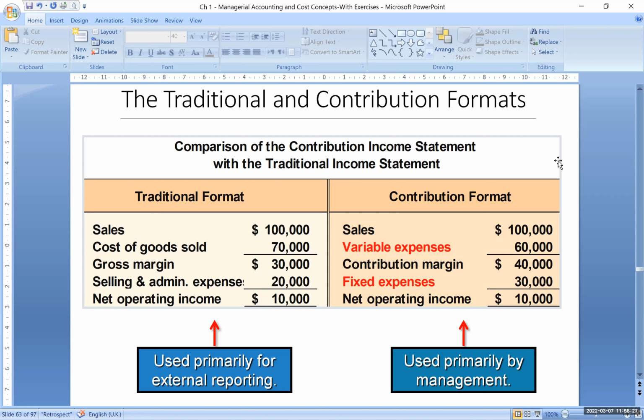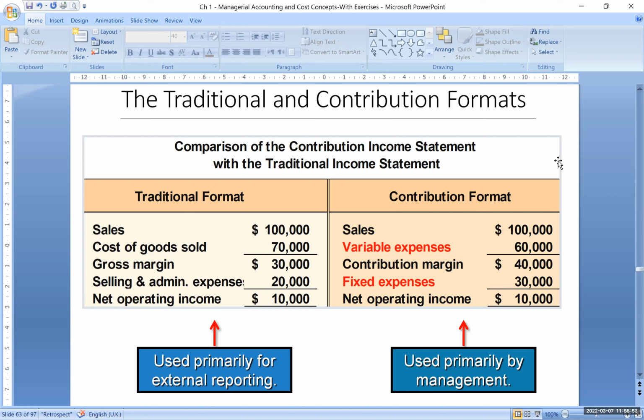Now, the 100 minus 60 is equal to 40,000, and then we will deduct all fixed expenses for 30,000, and this equals the net operating income for 10,000. Be careful that the net income will be the same, definitely the same, but the distribution or the places or the formats of the expenses will be different between the traditional and contribution.